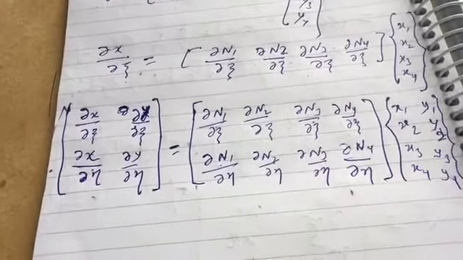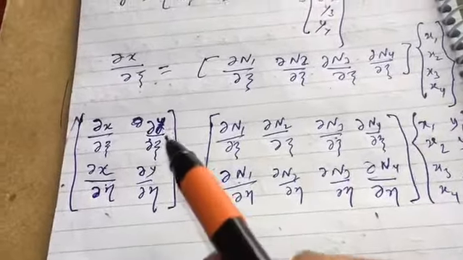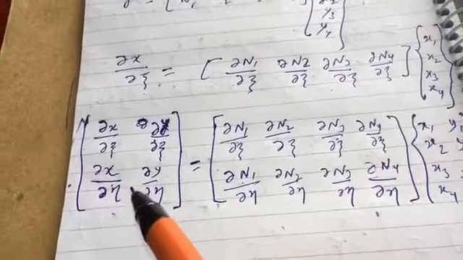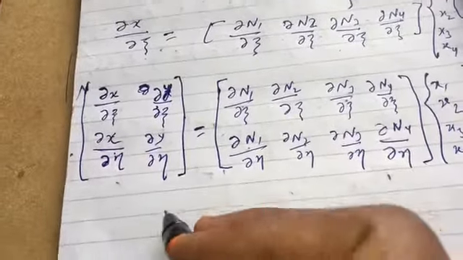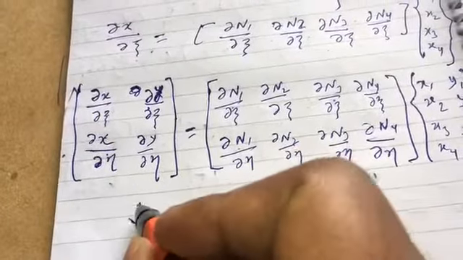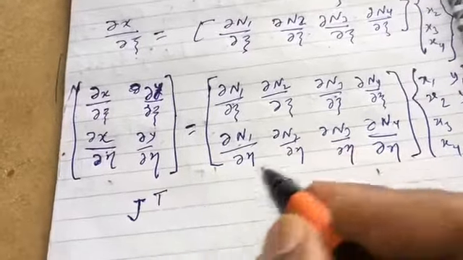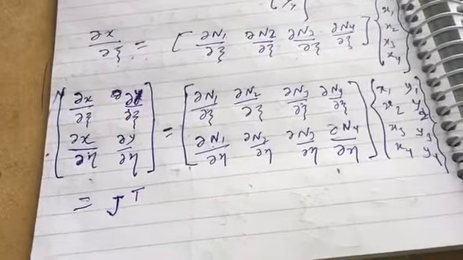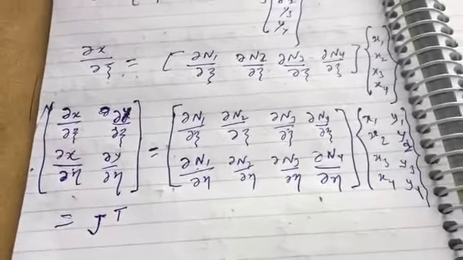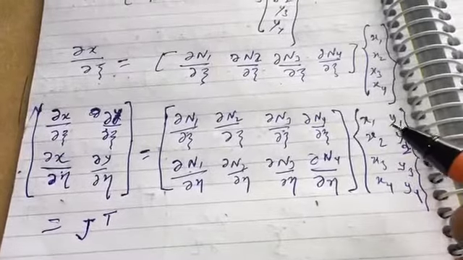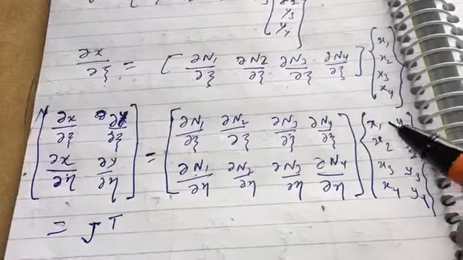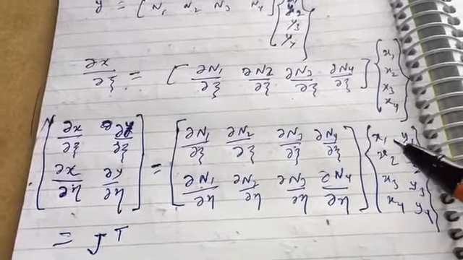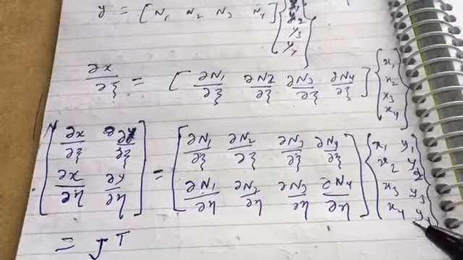Okay, so you can recognize this as J transpose. Now x1 y1 x2 y2, these are the coordinates of all the 4 nodes.